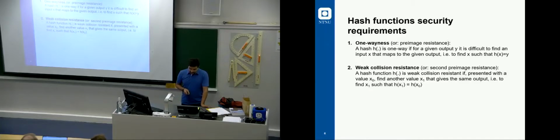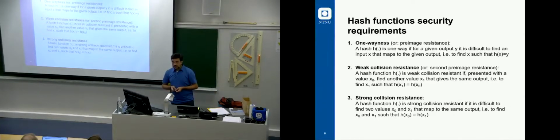The first property means that it should be computationally hard to reverse the hash function. In the second, if I have an input that maps to the function, it should be hard to get one more input, say x1, that maps to the same output.